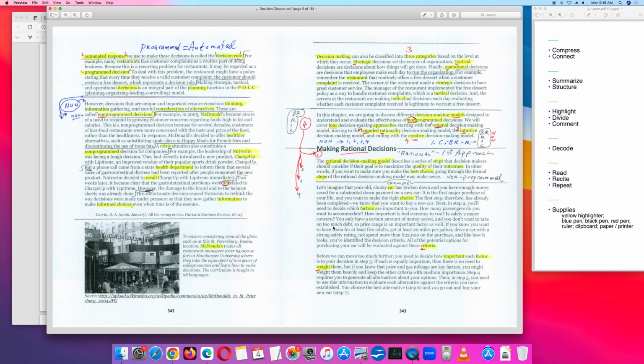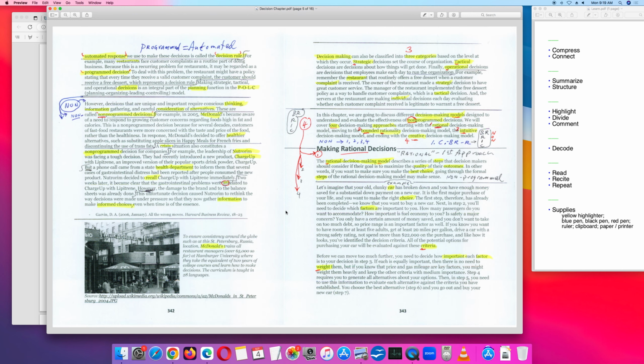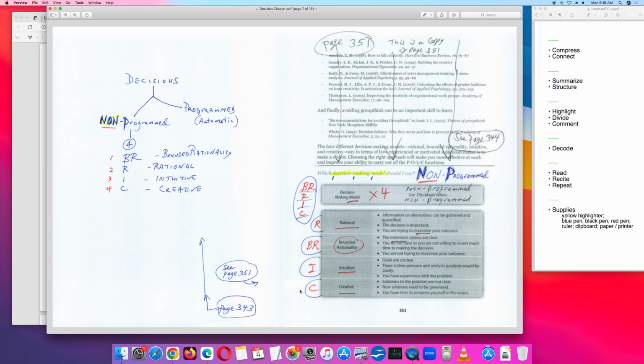Okay, so let's backtrack. So decisions, programmed, automatic, versus non-programmed. We are now going to spend more time on non-programmed decisions.